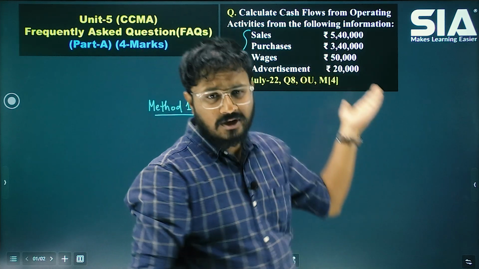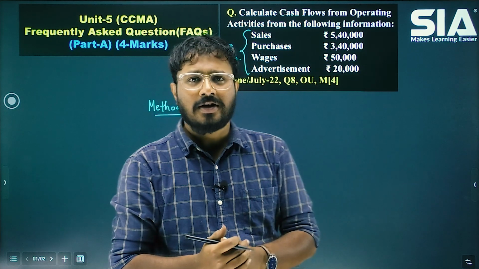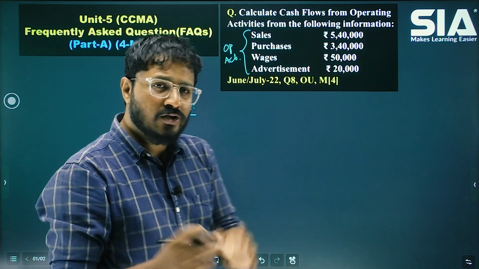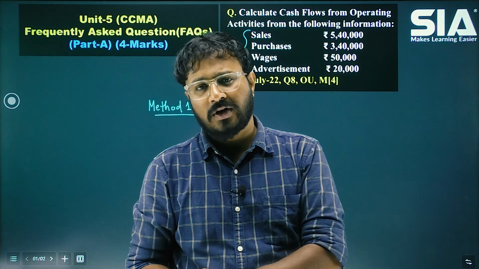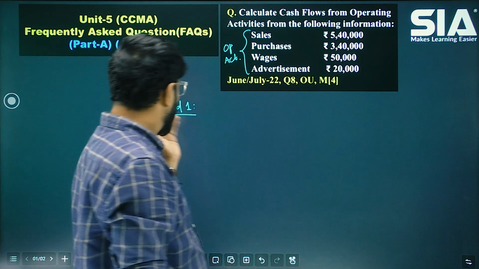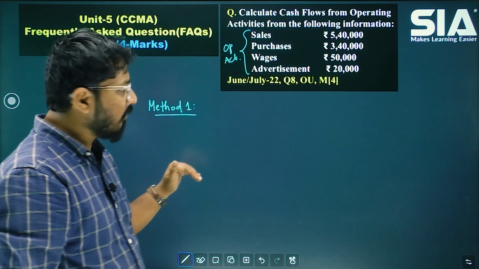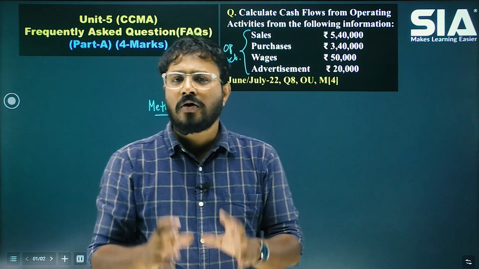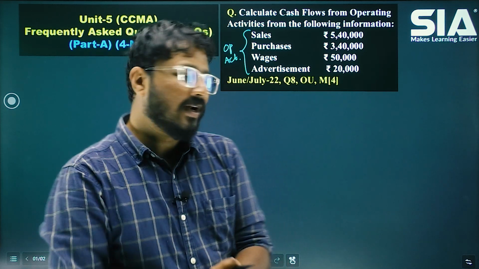That's why he's asking you to calculate the cash flow from operating activities. We can solve this in two methods. In method one, I will be solving using a statement. In method two, we'll follow a formula based approach.